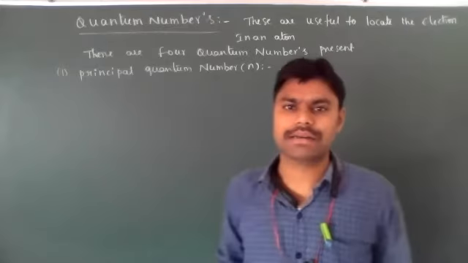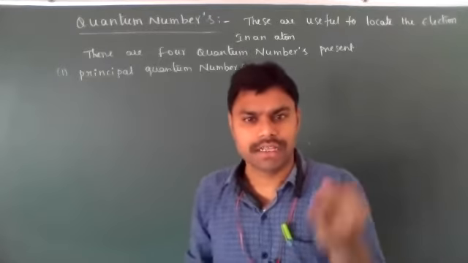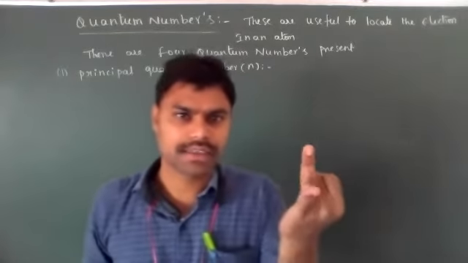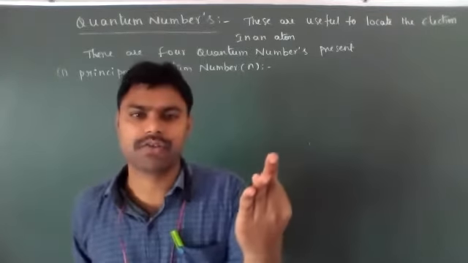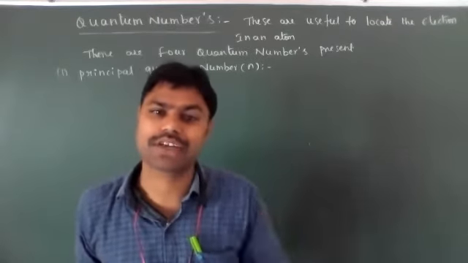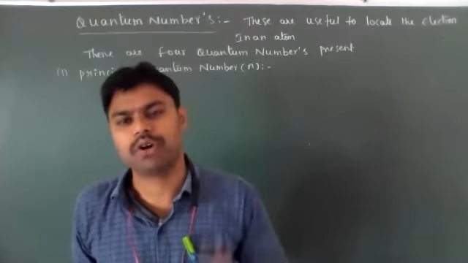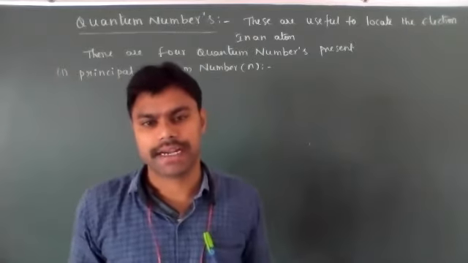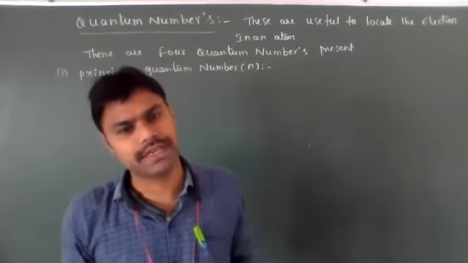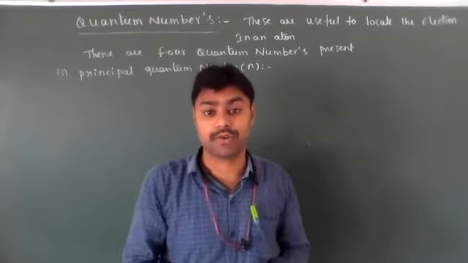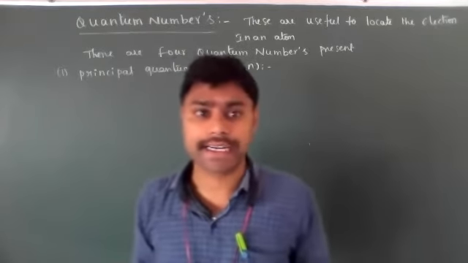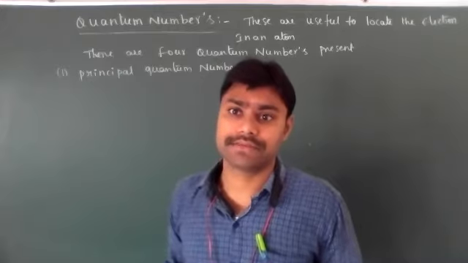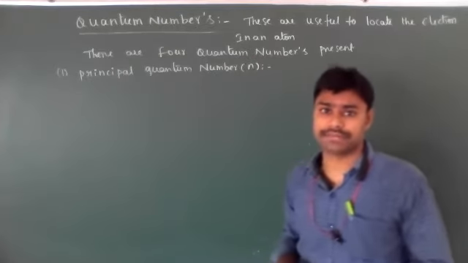The second one is the azimuthal quantum number, the third one is the magnetic quantum number, and the fourth one is the spin quantum number. We need to explain properly the importance of these quantum numbers and how they are useful to locate an electron in an atom.